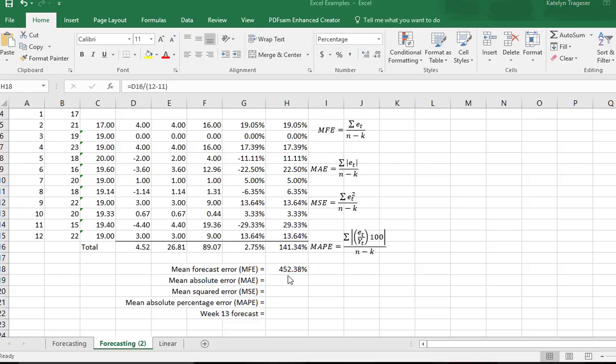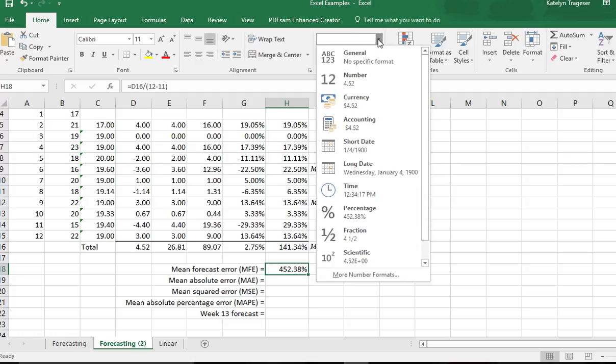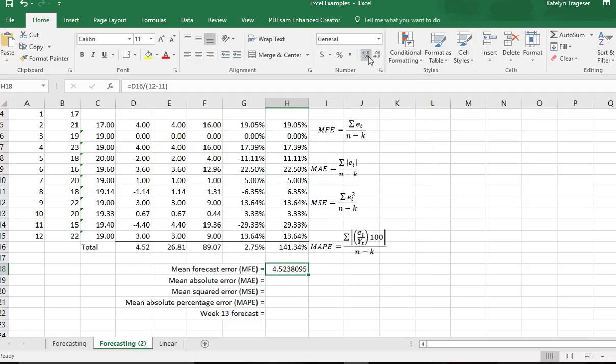And this can be a bit confusing to look at as a percent. So let's just make this a general number, 3 decimal places, 4.524. Okay.